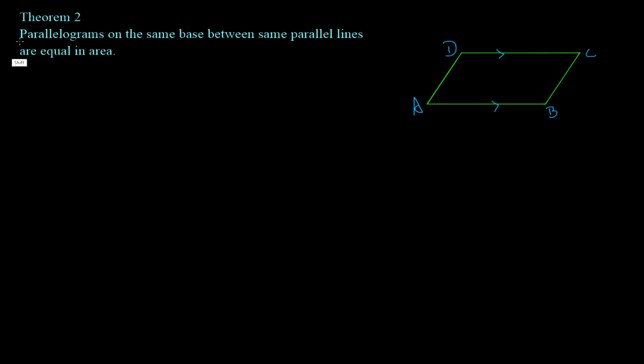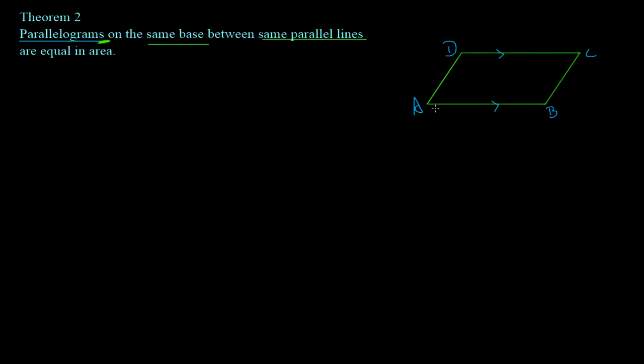Parallelograms. So here we have parallelograms. We have S over here, so that means more than one parallelogram. Parallelograms on the same base between same parallel lines. So same base and same parallel lines. So we need to assume the base.